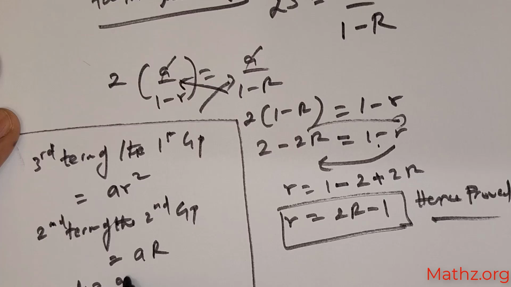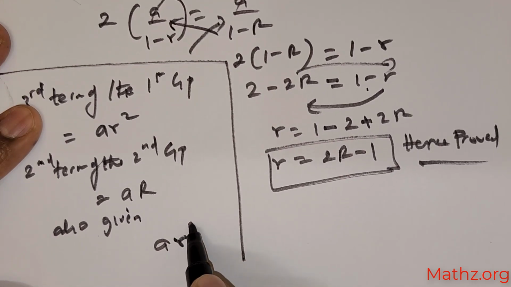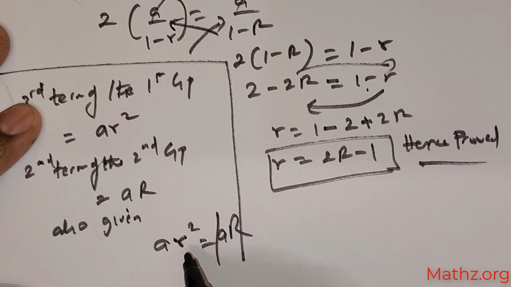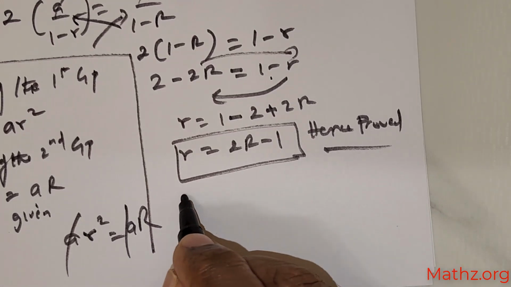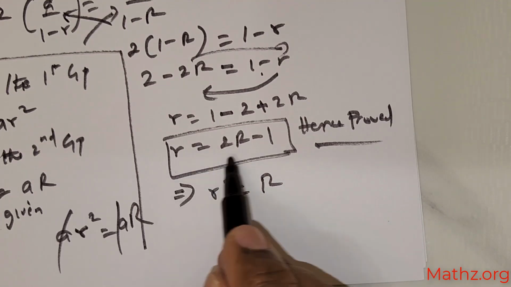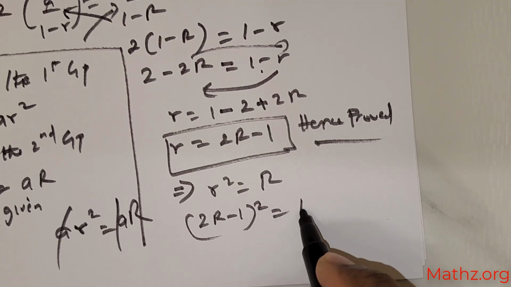So also given, a times r squared is equal to a times capital R. So a gets cancelled. This means r squared is equal to capital R. But my capital R is 2 times r minus 1, so I substitute here. So 2 times r minus 1, the whole squared, is equal to r.